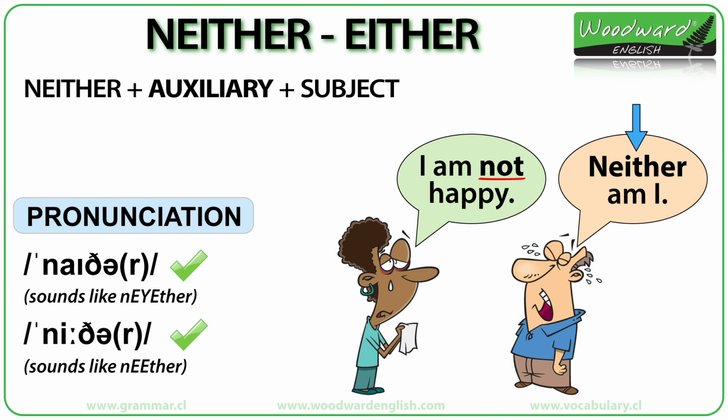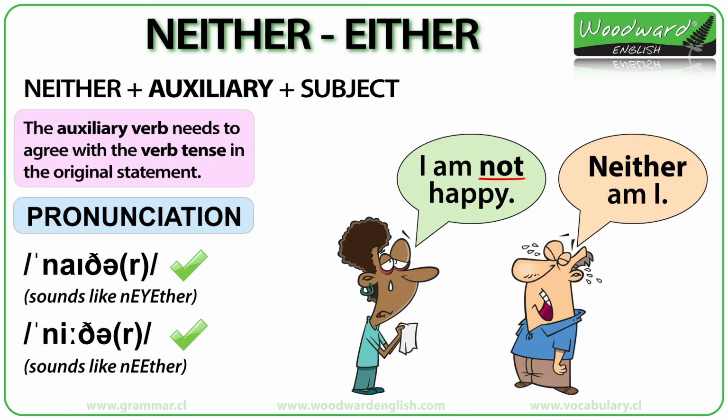Notice the word order. Neither plus auxiliary plus subject. The auxiliary verb needs to agree with the verb tense in the original statement or sentence. In the first sentence, I am not happy, the verb is am, which is a form of to be in the present simple tense.